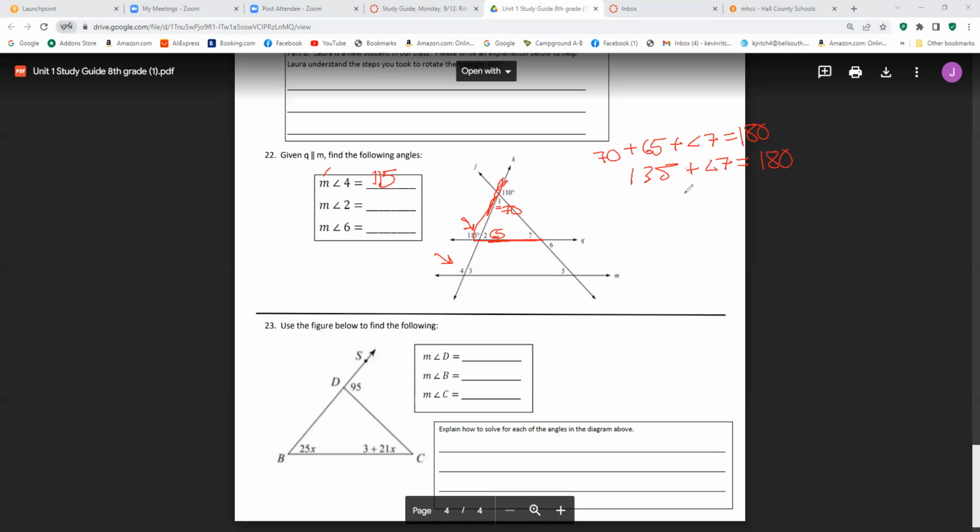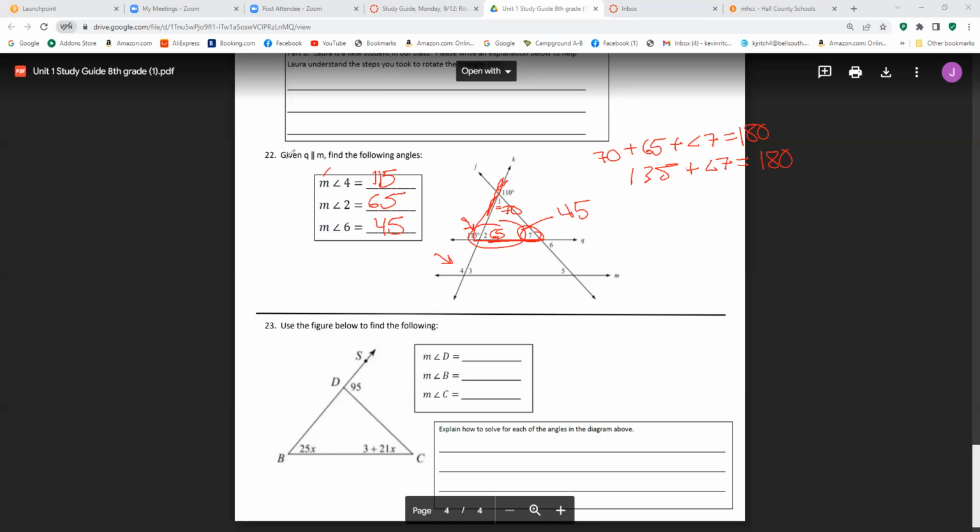When I subtract 135 from 180, I get 45 degrees. So the measure of angle 7 is 45 degrees. Oh, it only asked me about the measure of angle 2, which is 65. And if the measure of angle 7 is 45, angles 6 and 7 are vertical, which means that the measure of angle 6 is also 45 degrees.